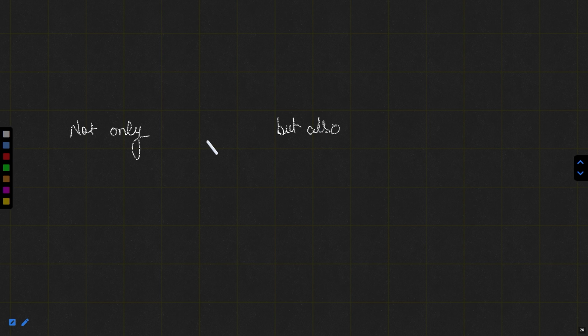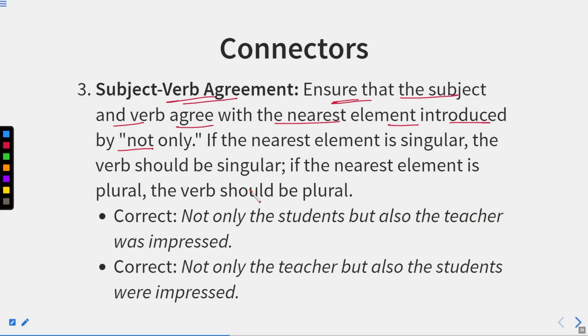Now what we do, we use the verb according to the nearest subject. It means whatever is written after "but also," the verb should agree with that, not with the first one but the second one. Maybe some printing error is over here.